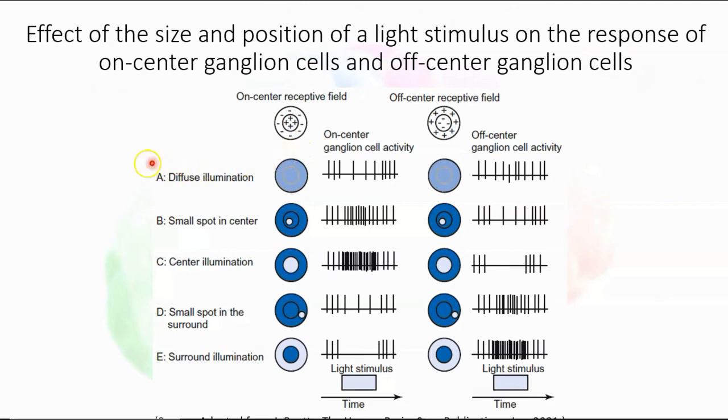If we look at stimulus A, diffuse illumination produces conflicting input to on-center ganglion cells. The center excites the ganglion cells while the surround inhibits it. Because the surround has a larger area, the result is mainly inhibition.